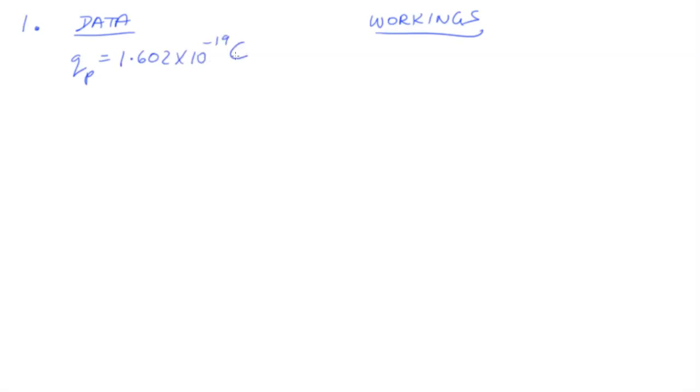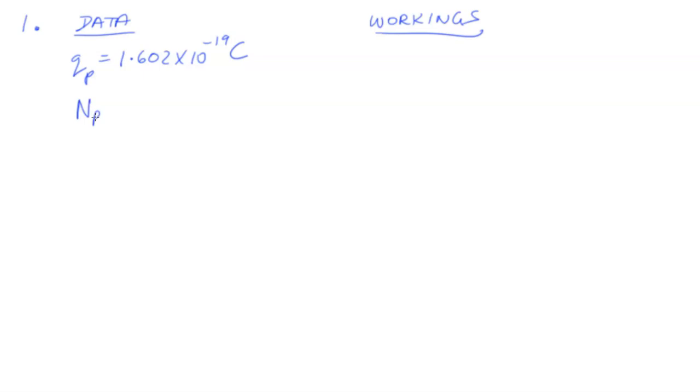So let's go through these worked solutions for electrostatics. Problem 1, which was: calculate the charge carried by 3 times 10 to the 9 protons. So our data: the charge of a proton I've taken from the data sheet, because the charge of an electron is the negative of this value and a proton has the same magnitude but opposite sign.